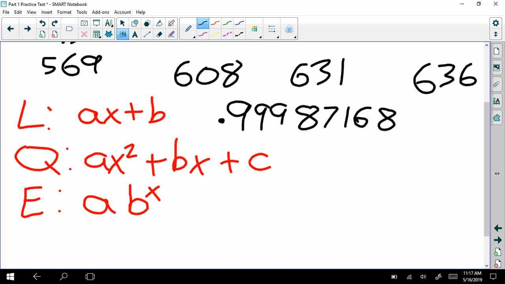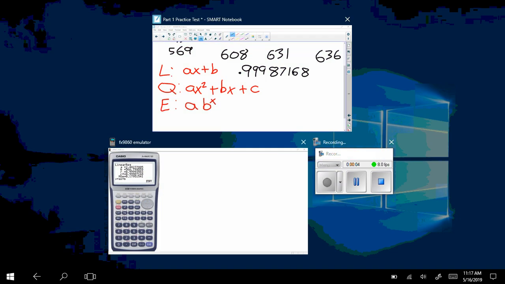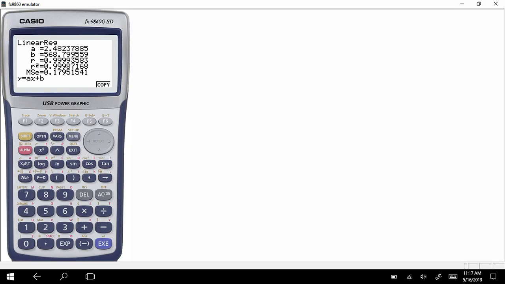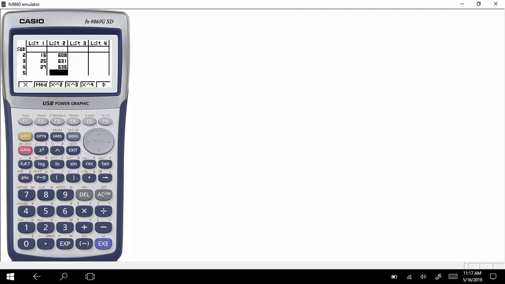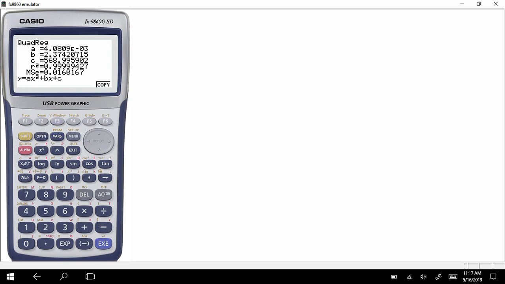Now we're going to do the same thing with quadratic. So back to our calculator. Just hit exit. And now we're going to do the same thing with quadratic, which is x squared, so F3. And again, we're paying attention to our R squared value. 0.99999427.